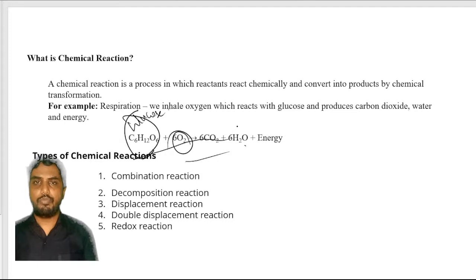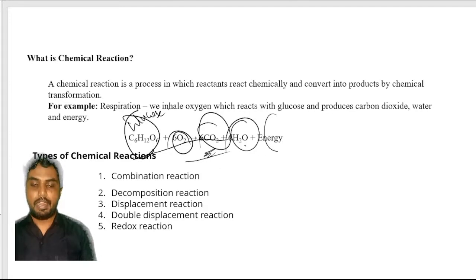This is the general form for respiration. The glucose reacts with oxygen and produces carbon dioxide, water and energy. This is also a type of chemical reaction. You can consider this as A and this as B, which produce the products C, D and E.